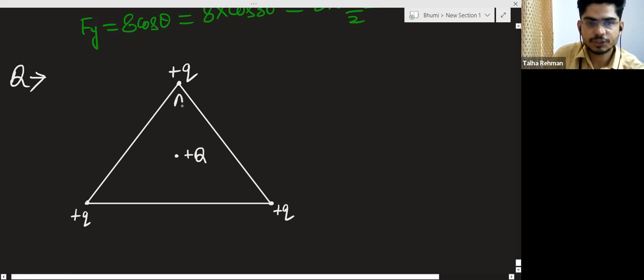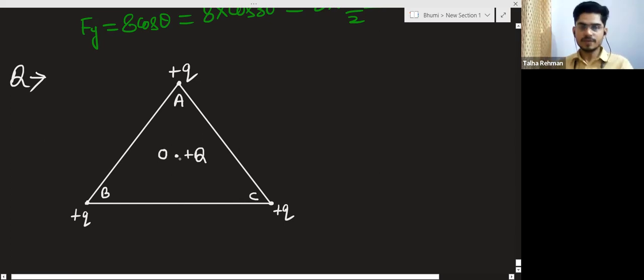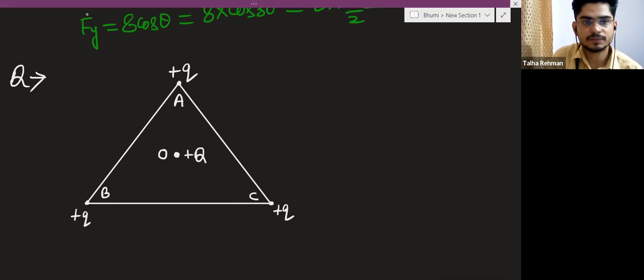And this is the position A, this is the position B, and this is the position C, and this is the position O. I am supposing this. Fine. And here at this point, this plus Q charge is placed.